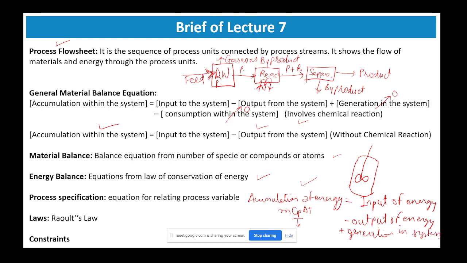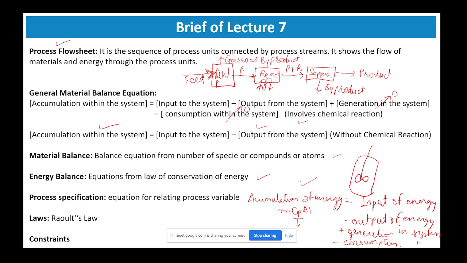This can be done if the reaction occurring is exothermic. If the reaction occurring is endothermic, then some amount of energy will be consumed. So this is what the energy balance looks like, with consumption of energy in the system.